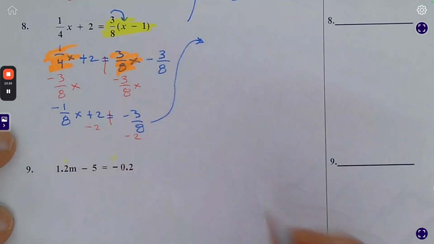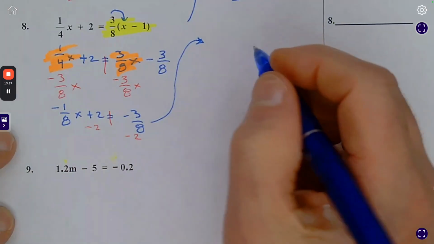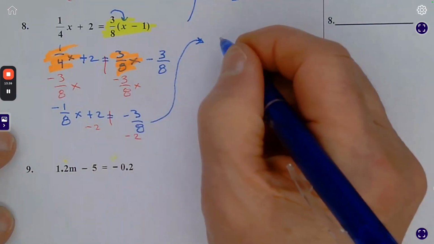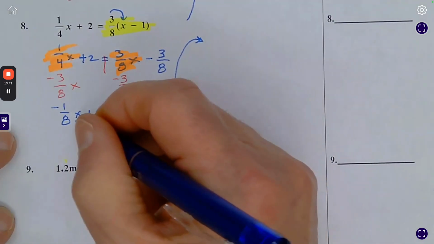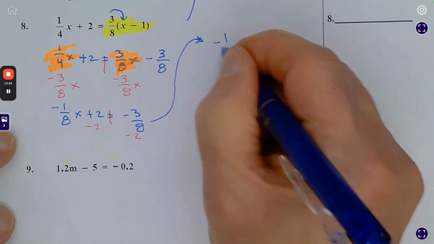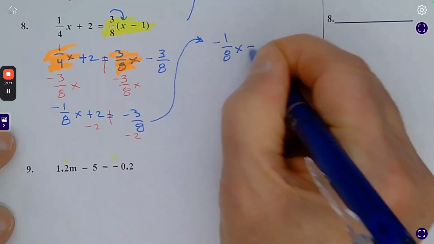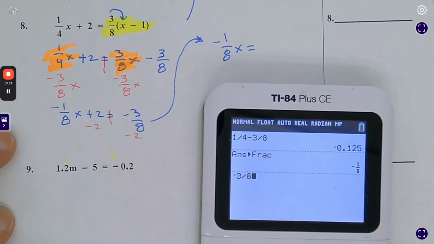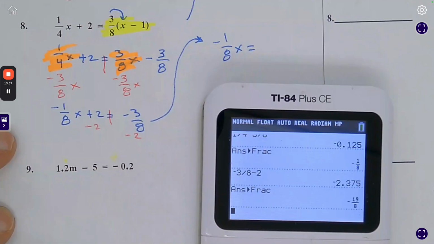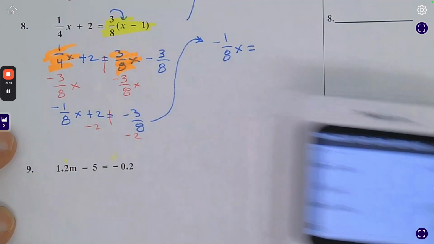Boom, boom. That's the inverse operation for plus 2, right? Move the constants to the right. Fractions are constants as long as there's no variable attached. It's a constant. Equals negative 3/8 minus 2. Equals, I'm going to hit math frac, and that's negative 19 over 8.